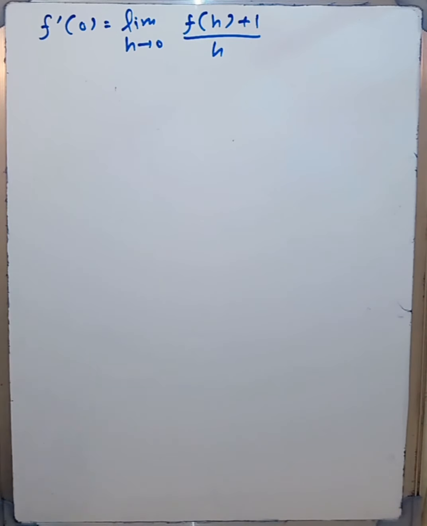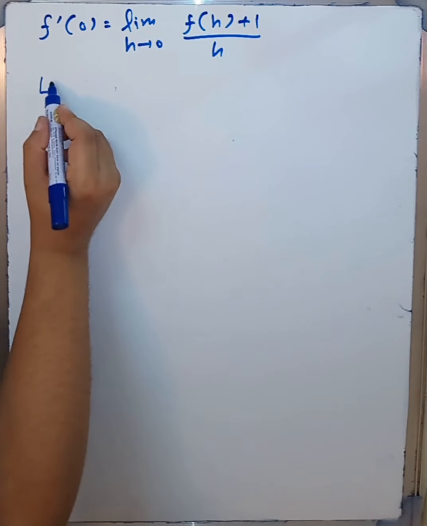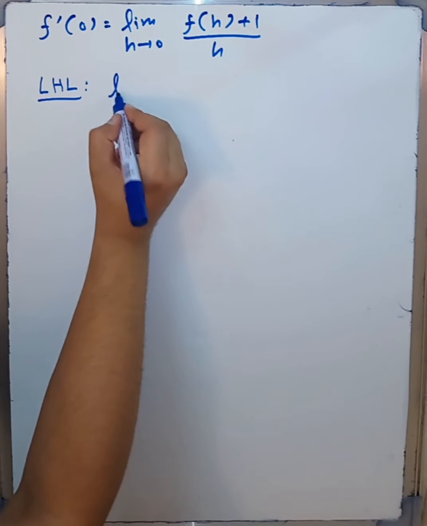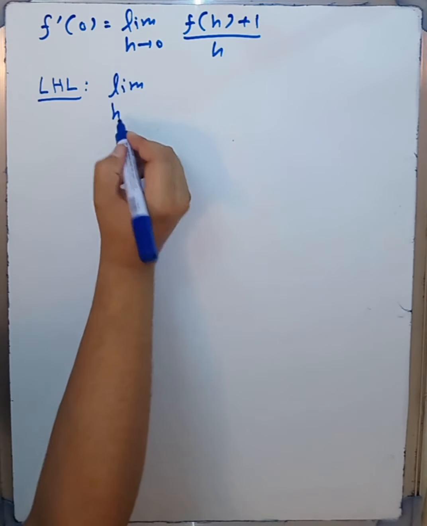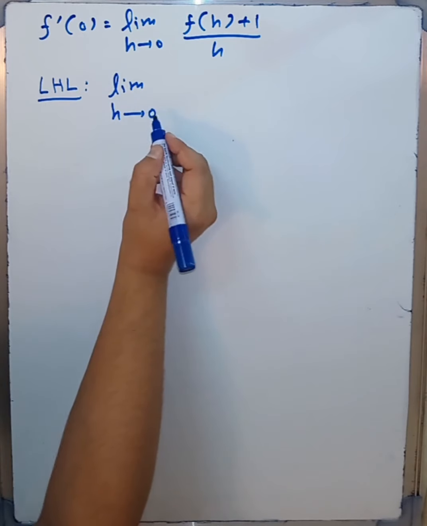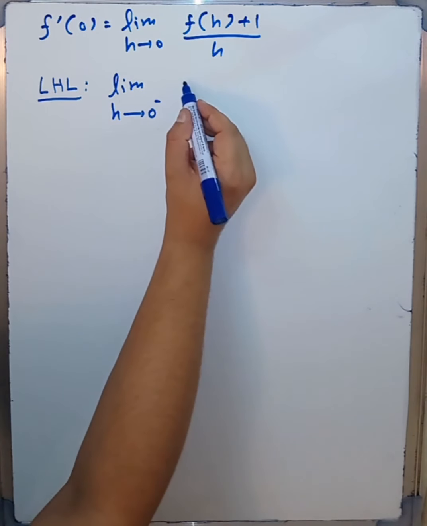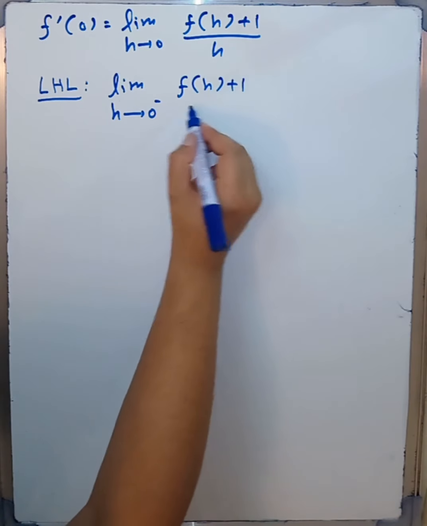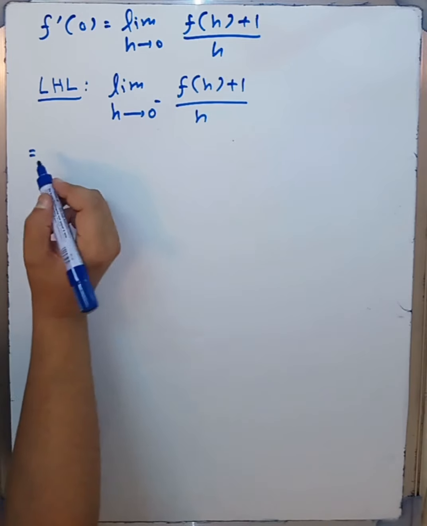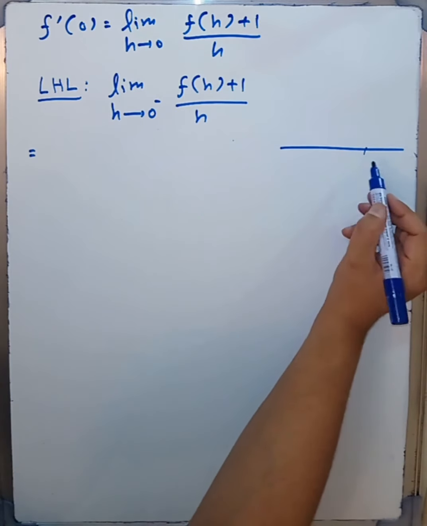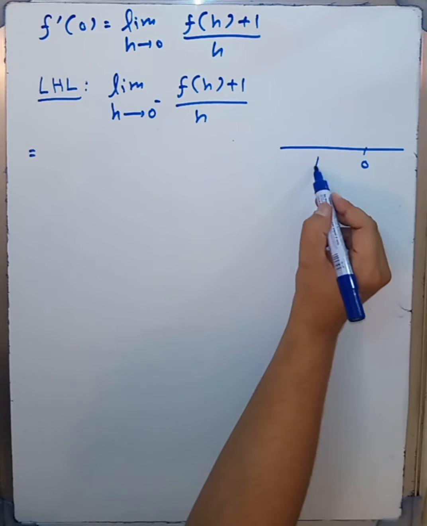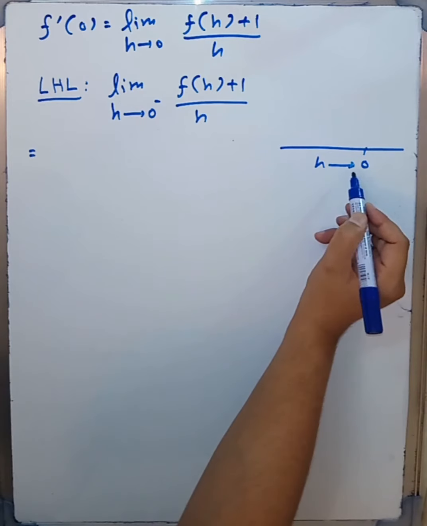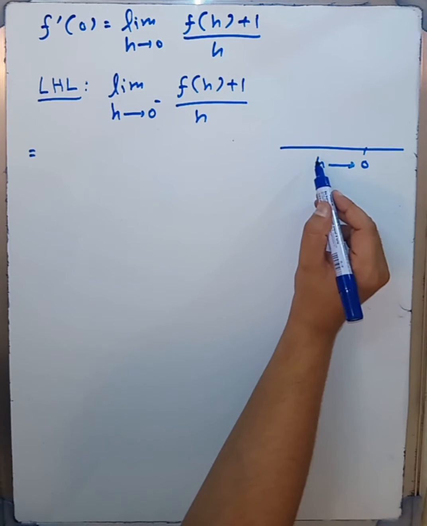So first let us calculate the left hand limit. This will be limit h tending to 0 from the left, f(h) plus 1 over h. To visualize, I will draw. This is 0 and h is tending towards 0 from the left side. It means that h is less than 0.